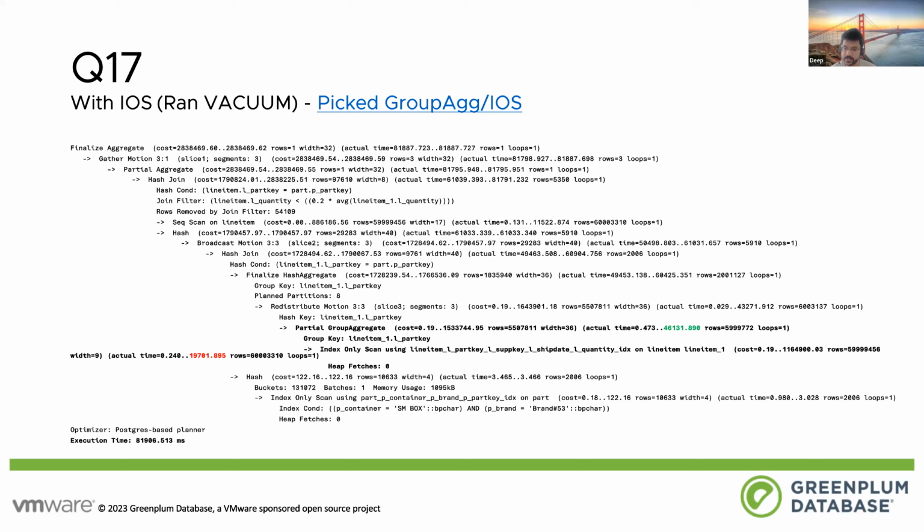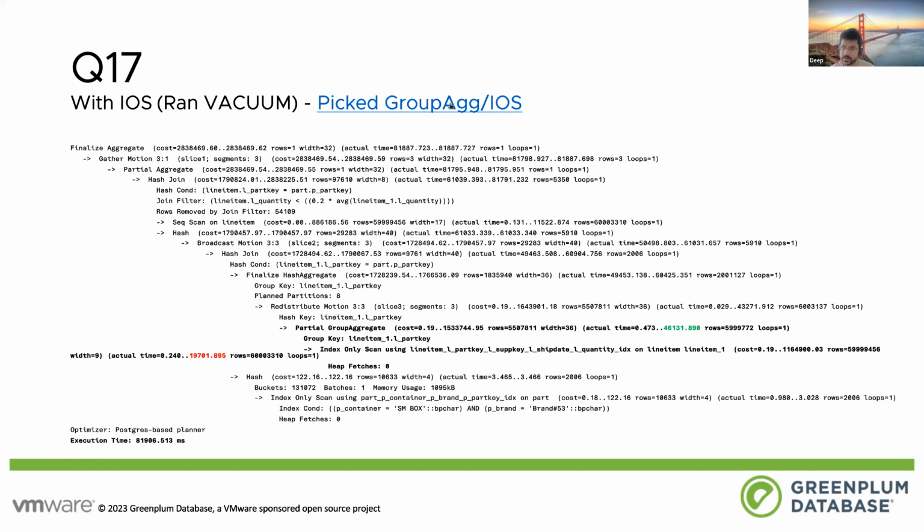What we're doing is transforming a HashAggregate with a sequential scan into a GroupAggregate with an index-only scan. The index-only scan here is also serving the purpose of ordering, right? To perform a GroupAggregate, you need the input to be sorted, and the index is actually being used to sort for the GroupAggregate.